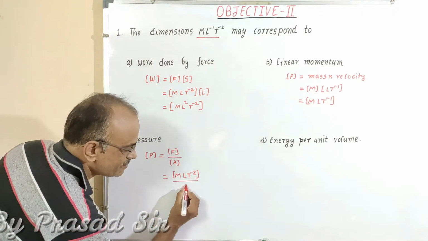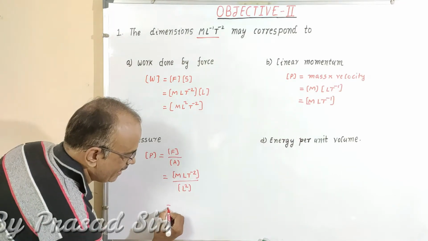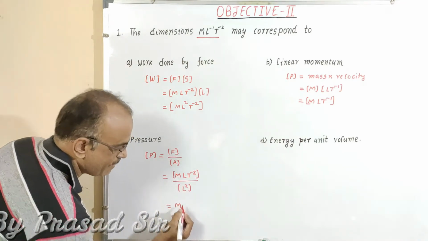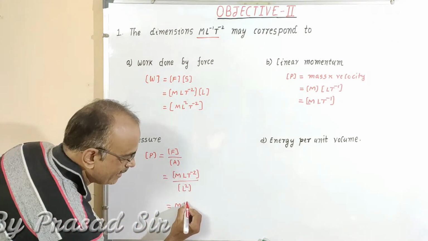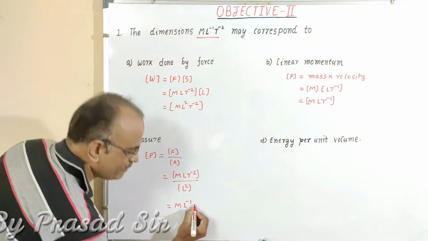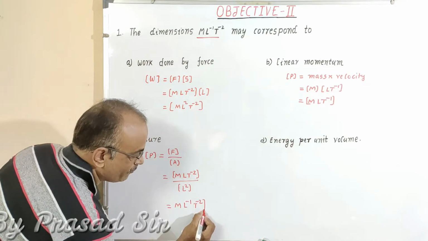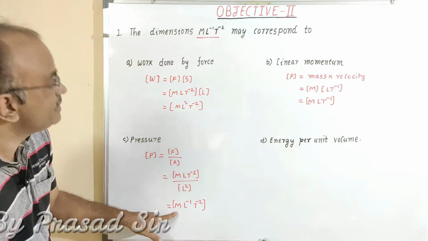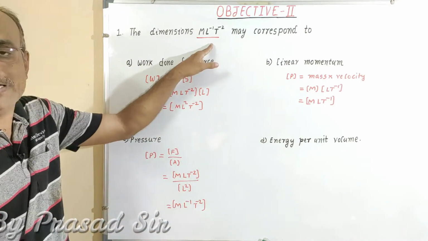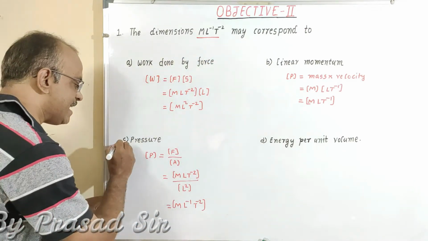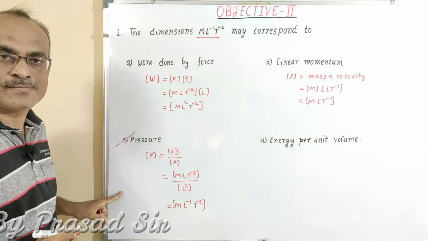Area is nothing but L square. So the final answer is M, here L to the power of 1 over L square. So what we are getting is M L to the power of -1 T to the power of -2. Now compare these two. That means this corresponds to this one. So that's why it is an answer.